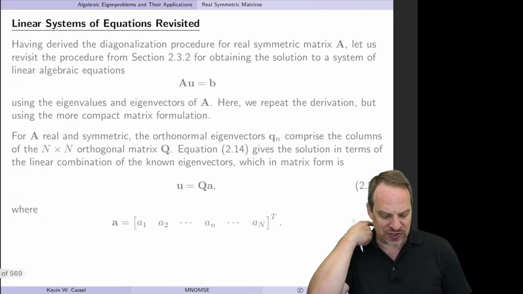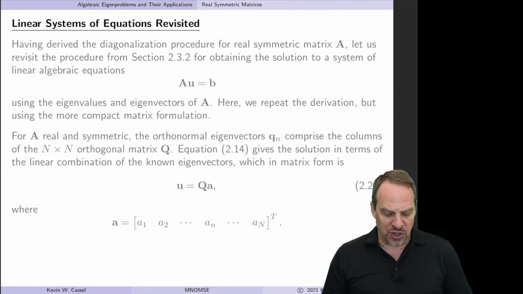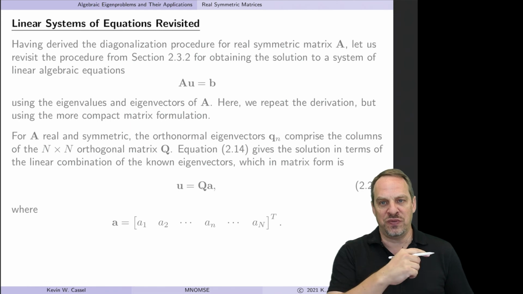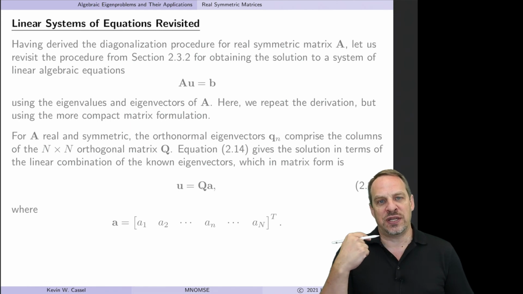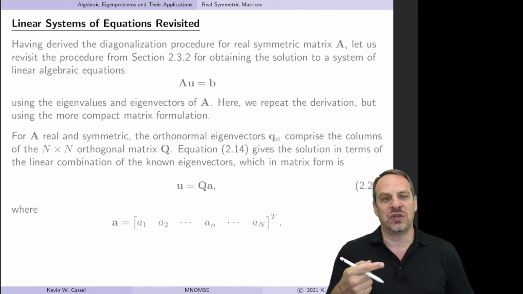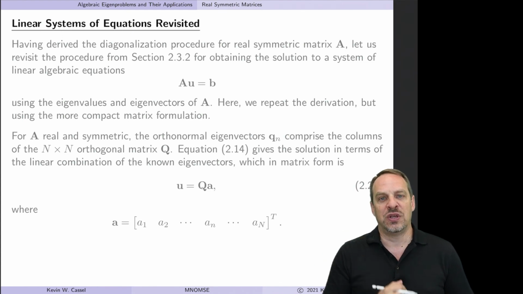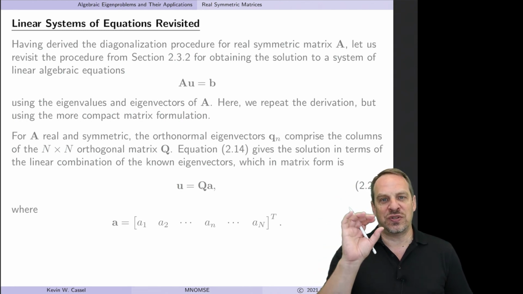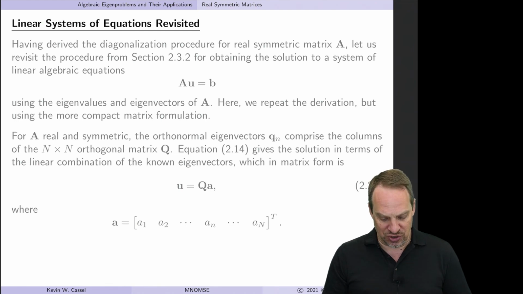The rest of this section I won't go over in this video, but what it does is re-encapsulate what we did in one of the previous videos, looking at systems of linear algebraic equations where A is real and symmetric and how we can use the properties of real symmetric matrices to solve it. It goes through the same process, but it uses this matrix notation with the Q's and the a vectors and so forth.